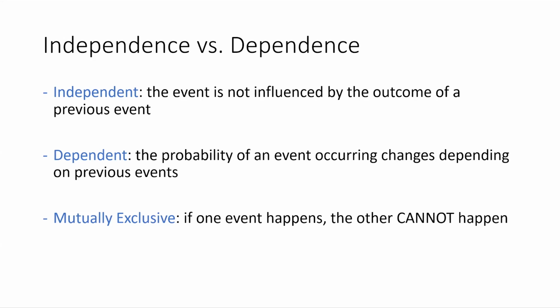An example of dependent is if I pull an ace from a deck of 52 cards and I don't put it back, I keep holding onto my ace. That does reduce my chances of getting a second ace. We went from 4 out of 52 to 3 out of 51.